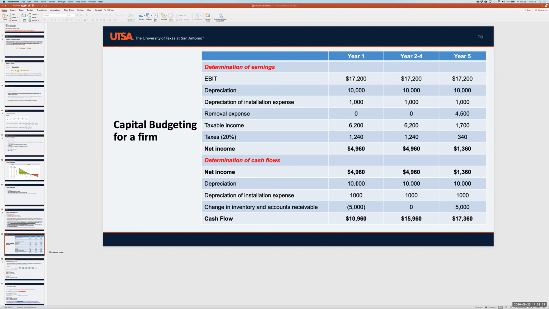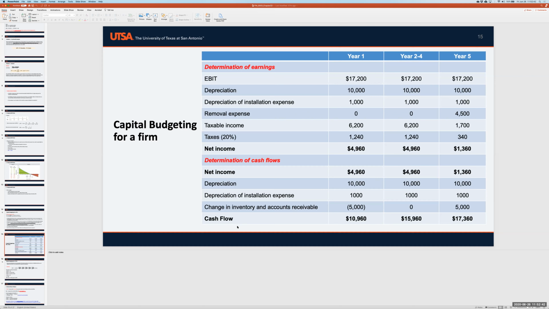Then based on net income, you add the depreciation, installation expense 1,000, and minus 5,000. If you sum them up, you will find 10,960 for the year 1 cash flow.